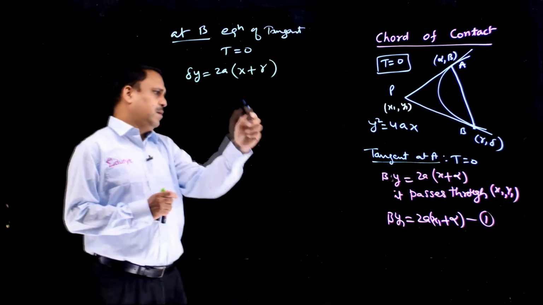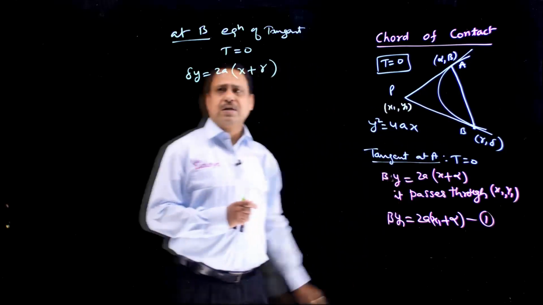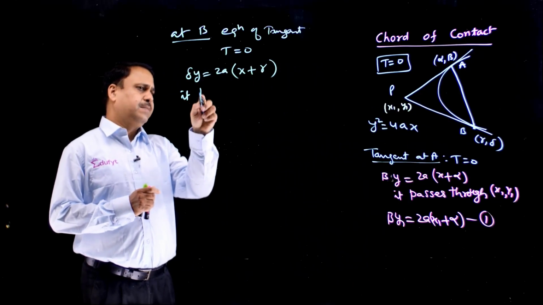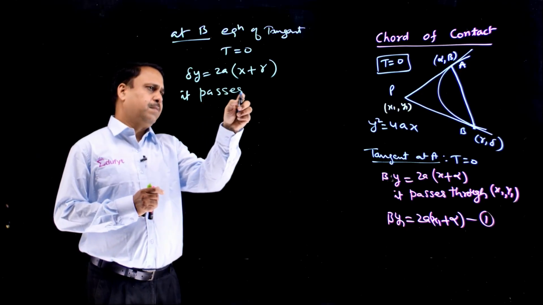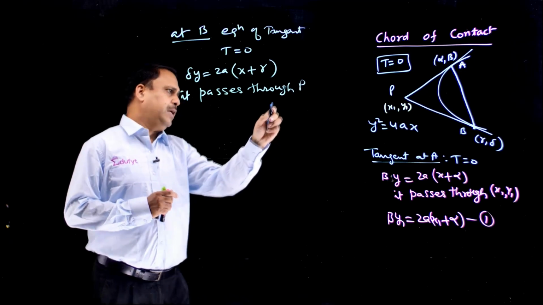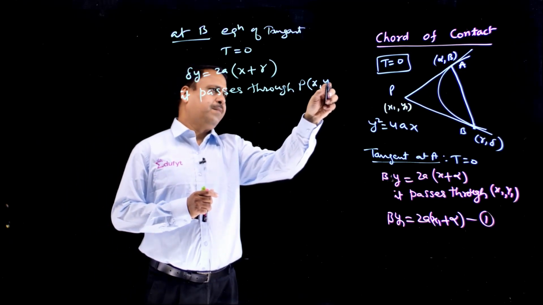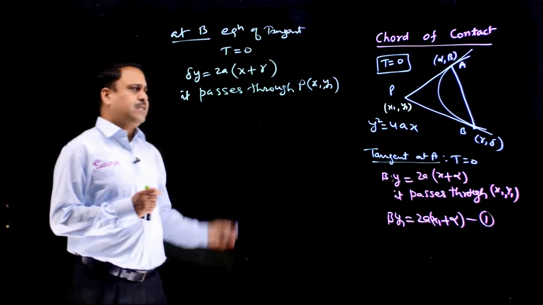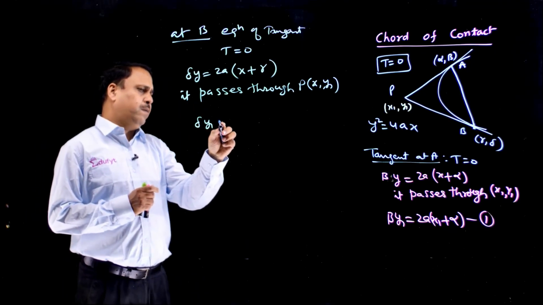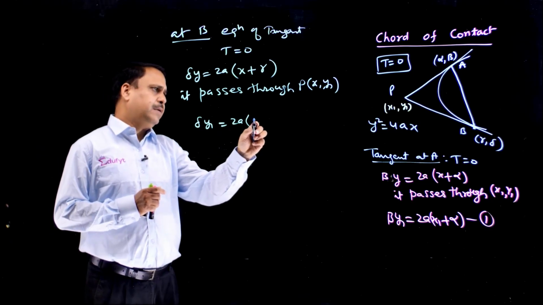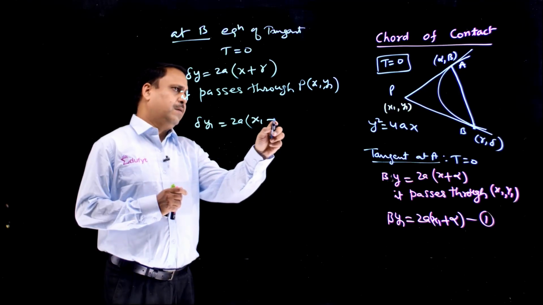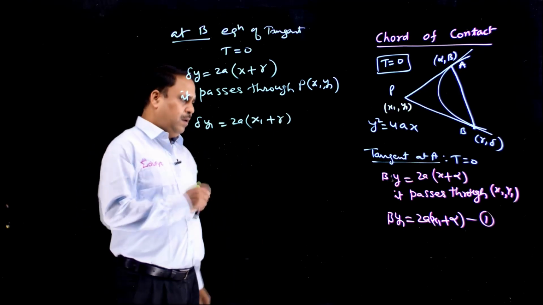This is again, both tangents pass through the same point, so this is passing through the point P. So it passes through P, x1, y1. That means this again must satisfy it. So delta y1 is equal to 2a x1 plus gamma.